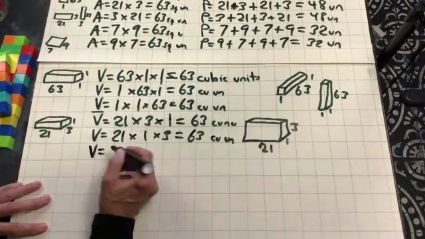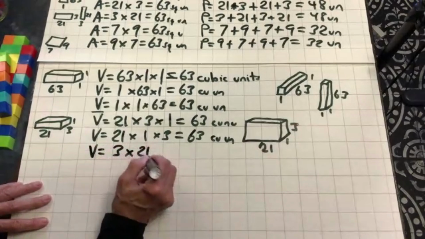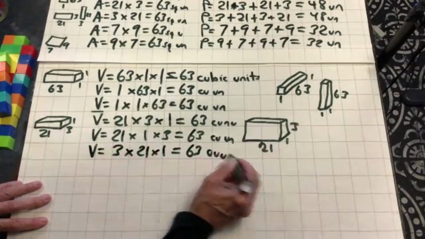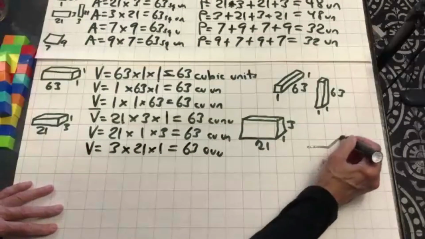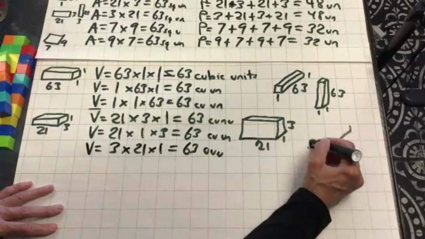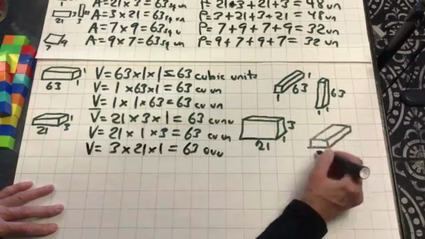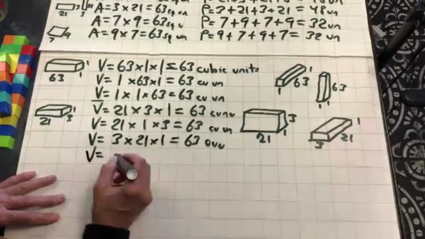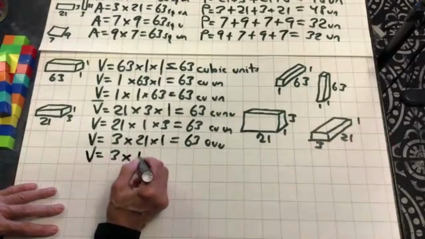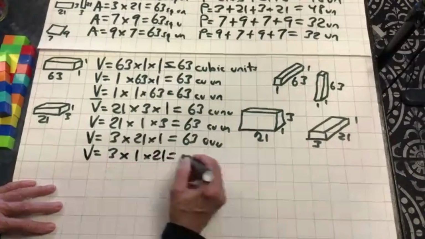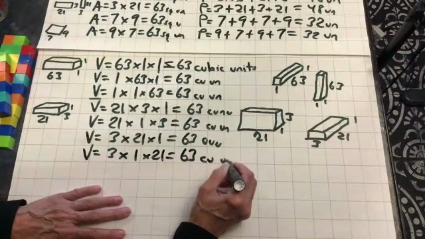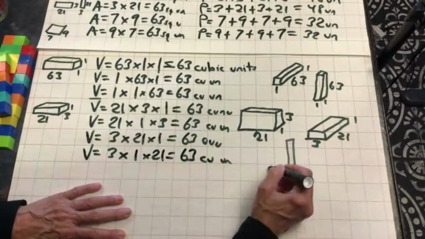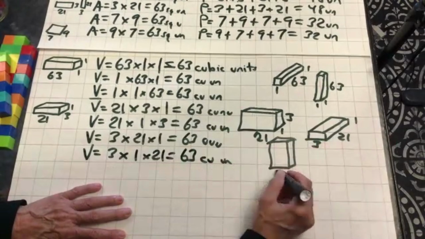All right, then we're going to go into 3 by 21 by 1. And then we'll just flip-flop that one, a 3 by 1 by 21. So we're just standing that one up.